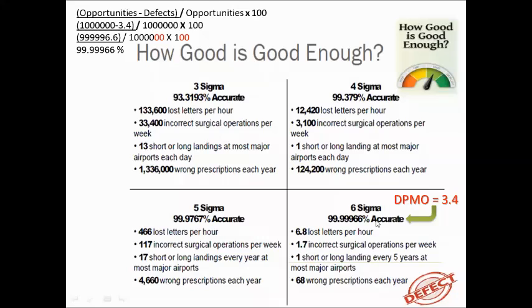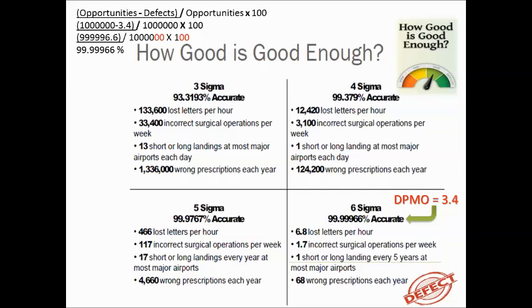It means that only one short or long landing of the aeroplane will happen every 5 years at almost all the airports all over the world. This is the level that I need in the aeroplane industry.